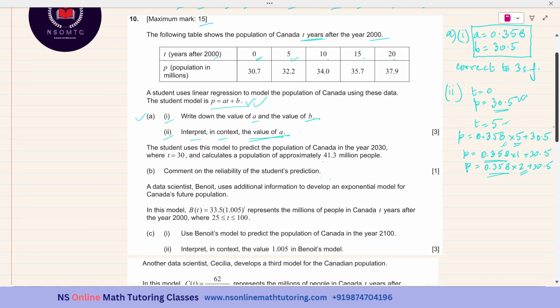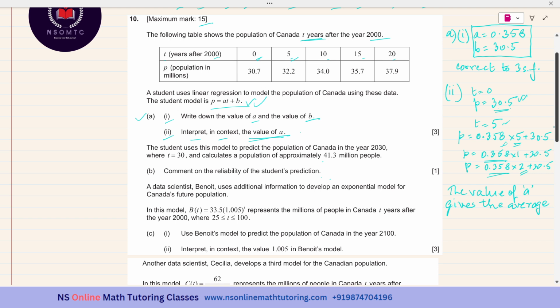So we can write the value of A gives the increase, or you can write average increase, because in reality it may have happened that in one year the growth had been slightly more, and another year the growth had been slightly less.